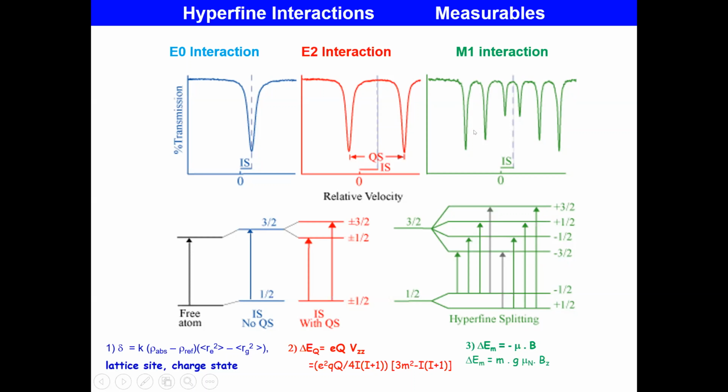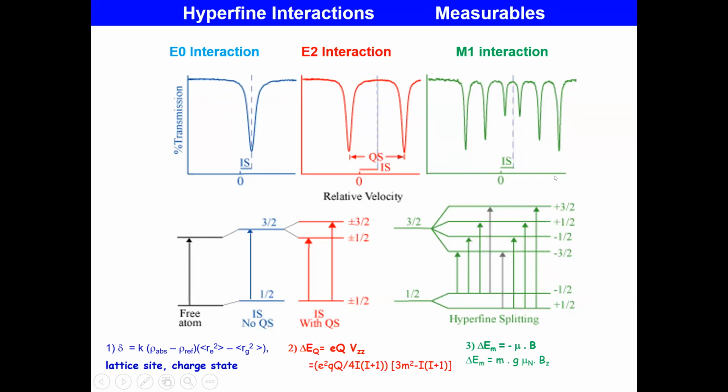In the magnetic case, this is what you get. And an interesting exercise, in the case of an iron foil: this absorption appears at minus 5.3 millimeters per second drive velocity. That appears at plus 5.3 millimeters per second.